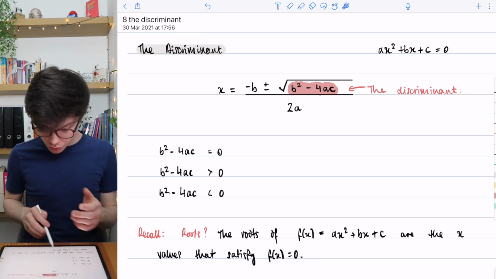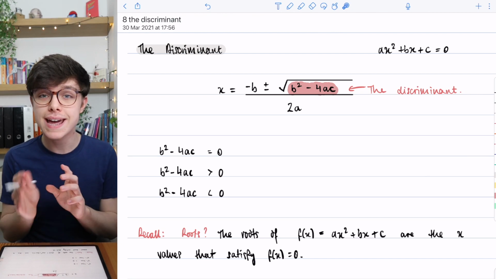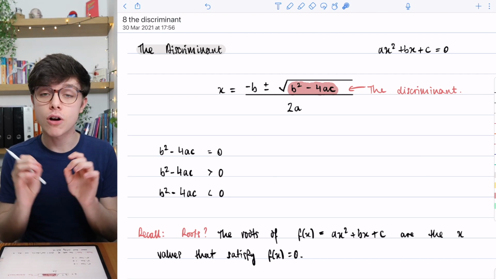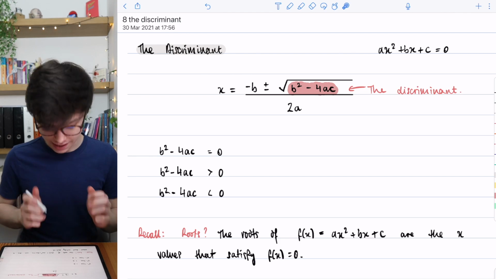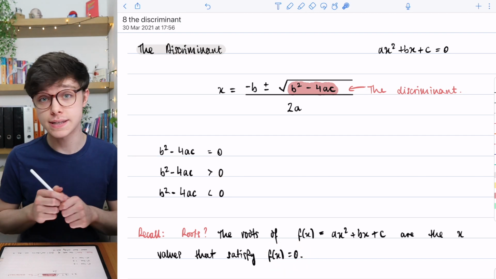In other words, if we think about it in terms of a sketch of a quadratic, it's where the curve intersects the x-axis. If we put a value of x in here, it's a root if we get f of x equal to 0.